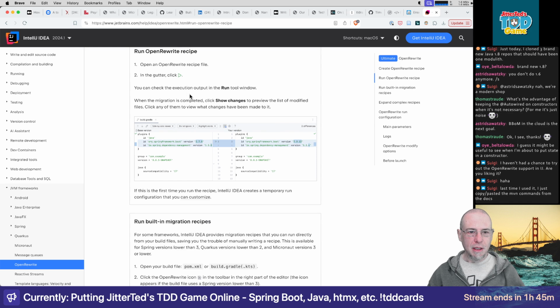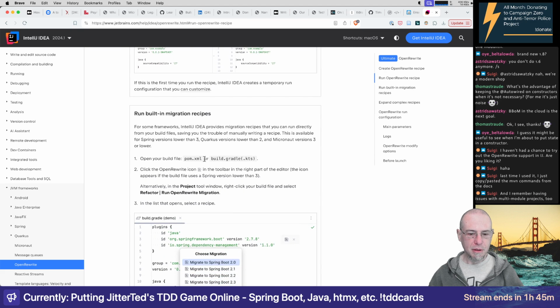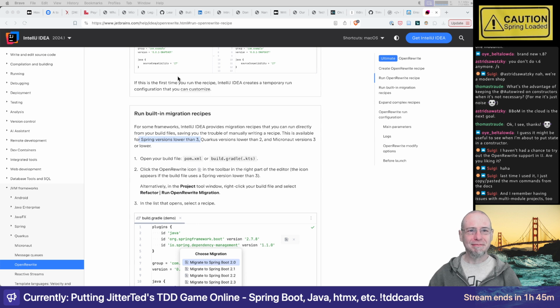Let's see. That's run an OpenRewrite recipe. I don't have a rewrite recipe. Run built-in migration scripts. Oh, it's only available for Spring versions lower than 3. Well, that's not useful.